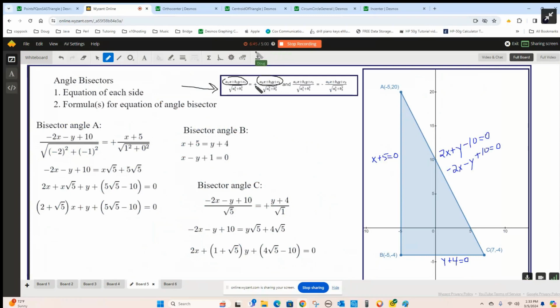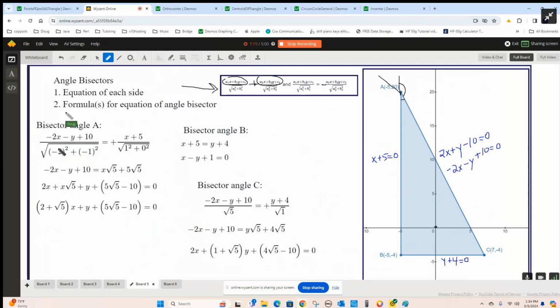The problem is, you have to choose either a plus or a minus, because two lines intersect in this acute angle or this obtuse angle. One way to decide whether to use the plus or the minus is to make sure that the constant terms are positive, and then if the angle that you're looking at contains the origin, you use the positive formula.